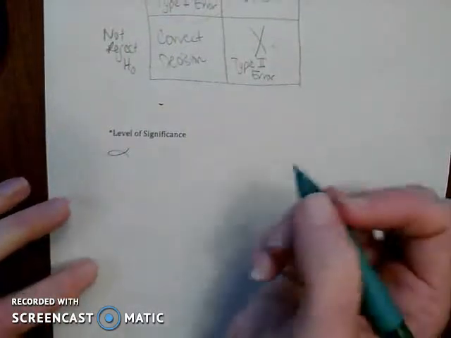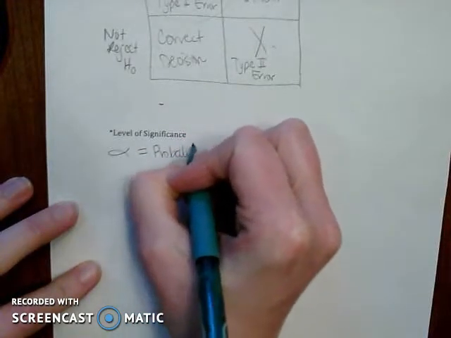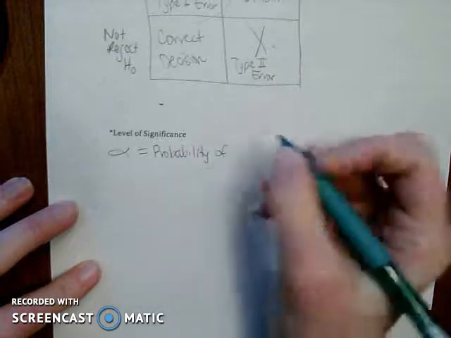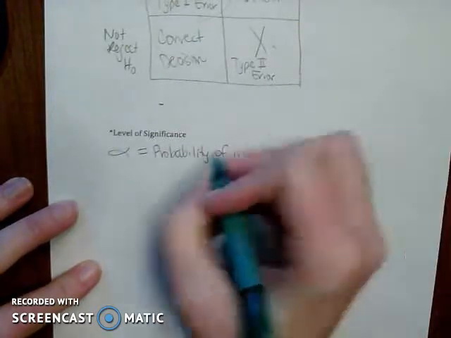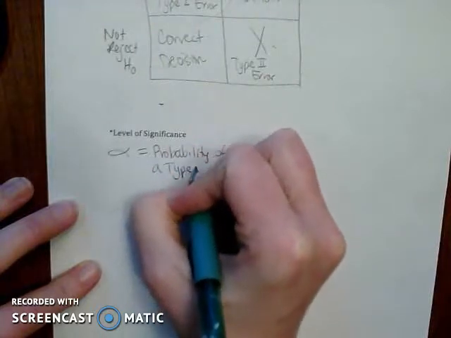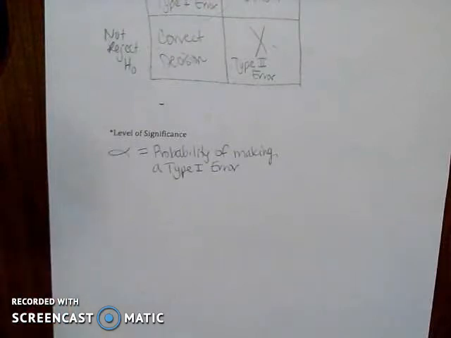So you choose this in advance. This is the probability of making a type 1 error. All right, so again, this will be chosen in advance, just like it said 95%.